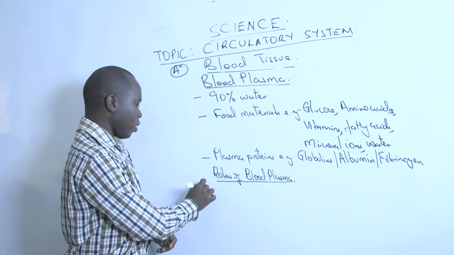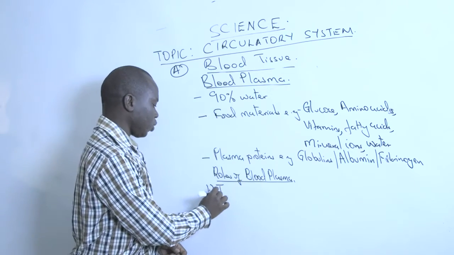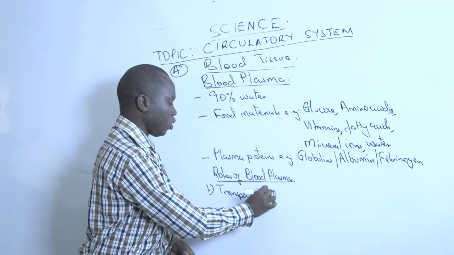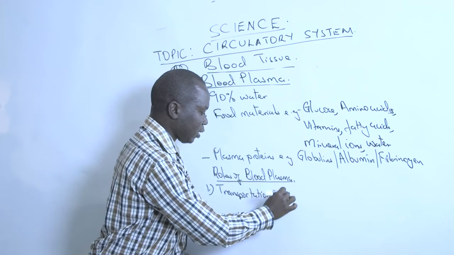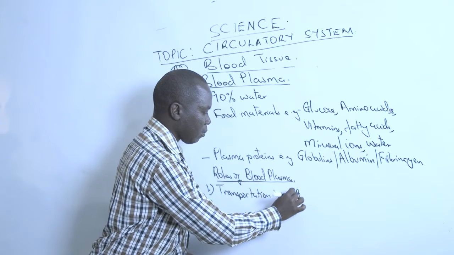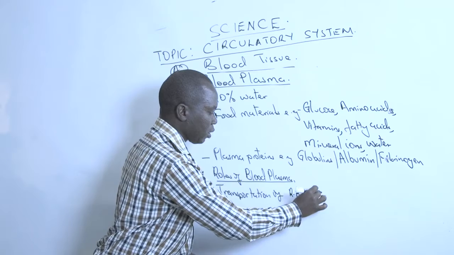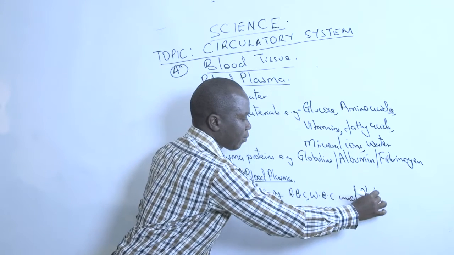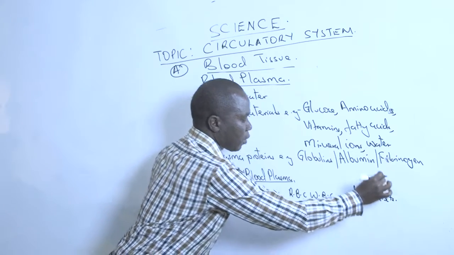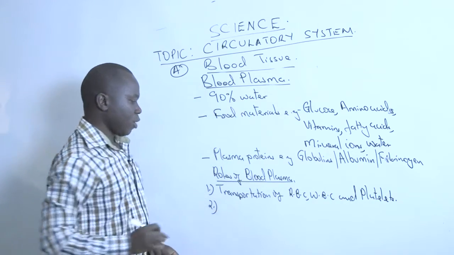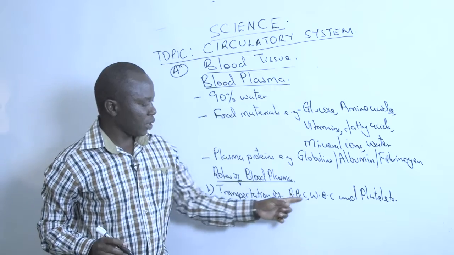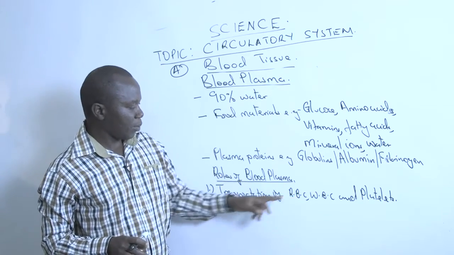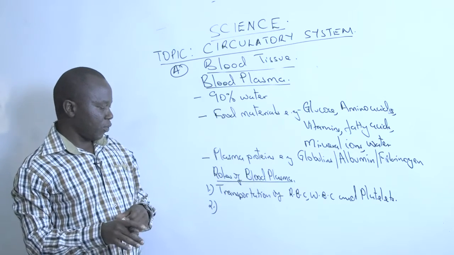Because of that, one role of blood plasma is transportation of red blood cells, white blood cells, and platelets. In the process of transporting these cells, it will be able to transport, for example, oxygen, carbon dioxide, and so forth.